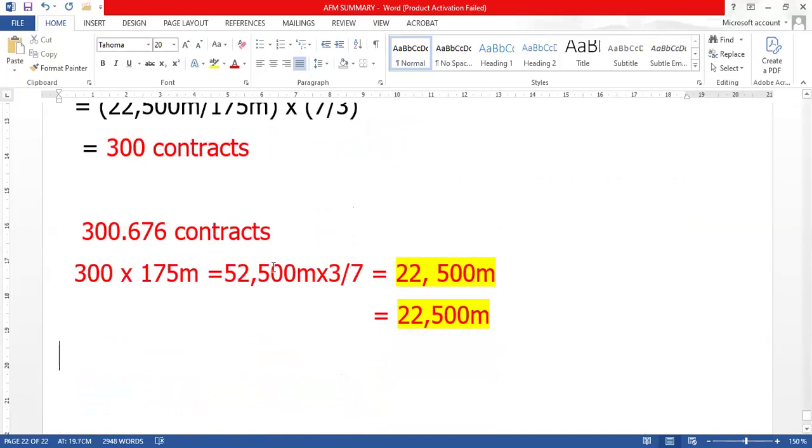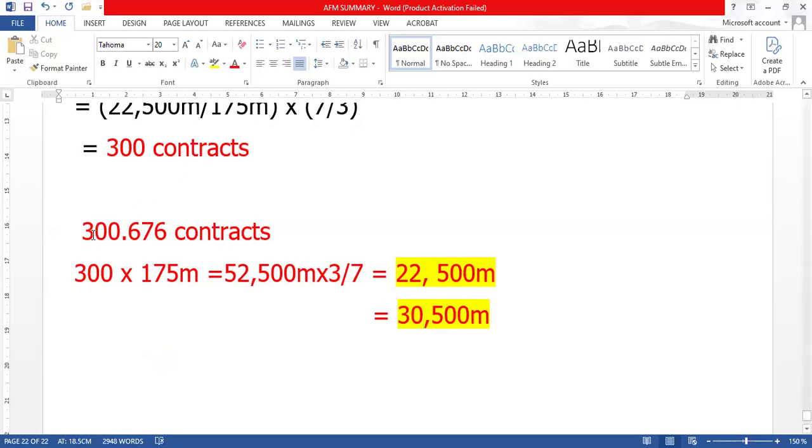But we are looking at a scenario where you have something like 0.676 times, let's say, because this is an assumption, times the contract size. Just assume the amount was, let's say, 300.